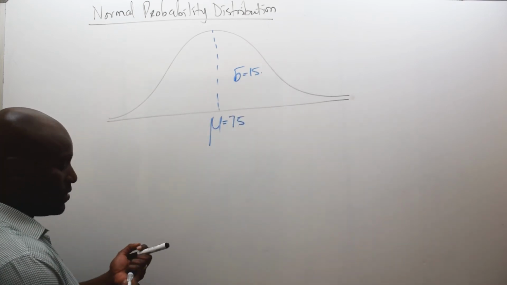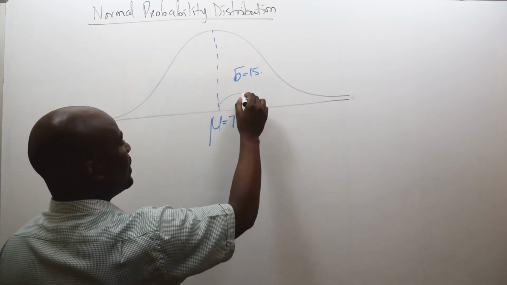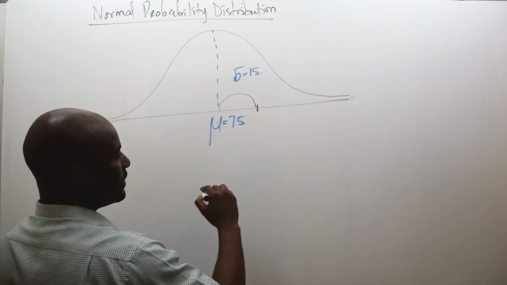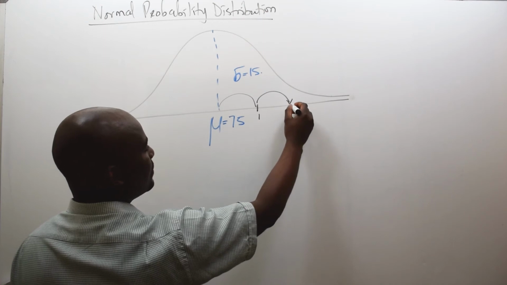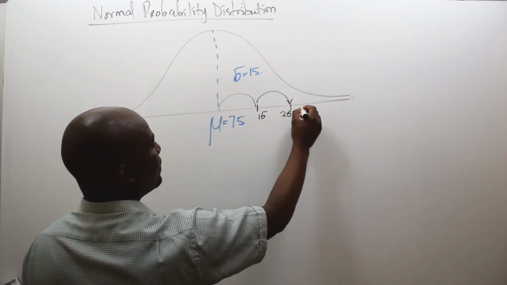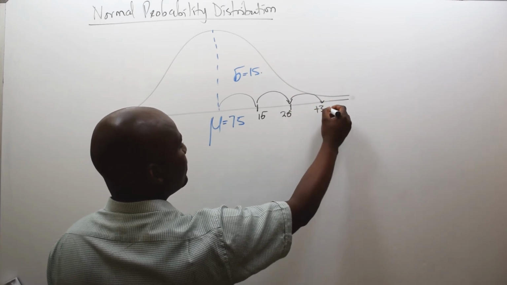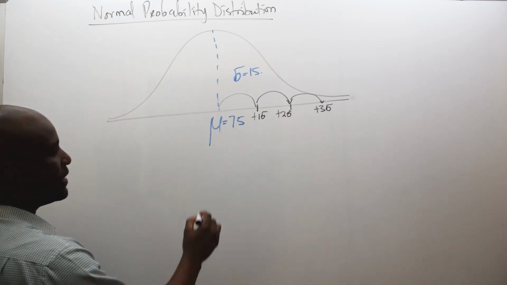So remember, for the normal probability distribution, we can either move up, so this would be 1 sigma, and then this would be 2 sigma, and this could be your 3 sigma. These are all positives going this side.